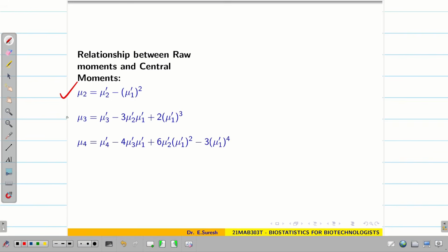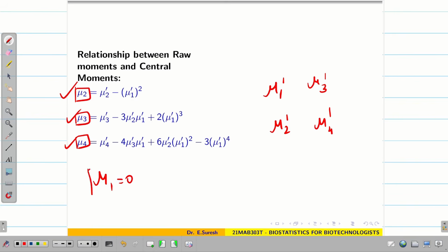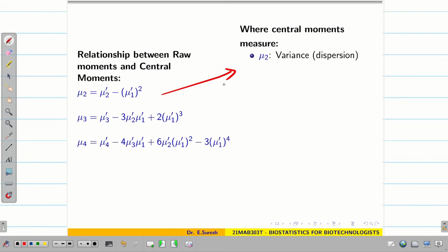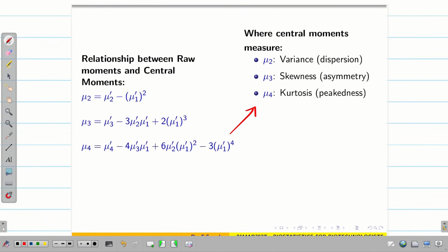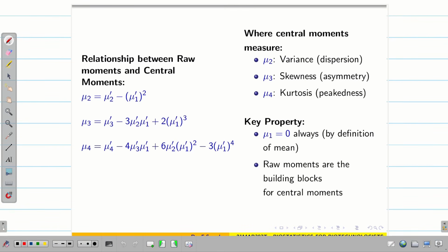It is essential to remember these formulas because in exams they can give mu1 dash, mu2 dash, mu3 dash and mu4 dash and they will tell you to find mu2, mu3, mu4. We know that mu1 is 0. This mu2 is nothing but my variance, and mu3 helps us to find skewness and mu4 helps us to find kurtosis. Raw moments are the building blocks for the central moments.